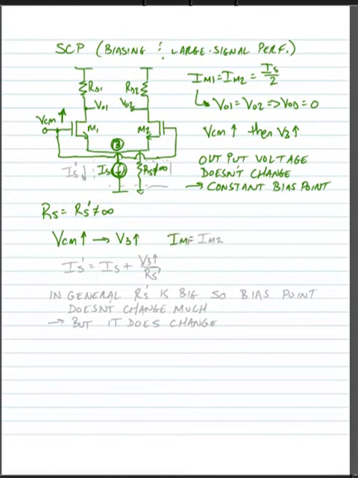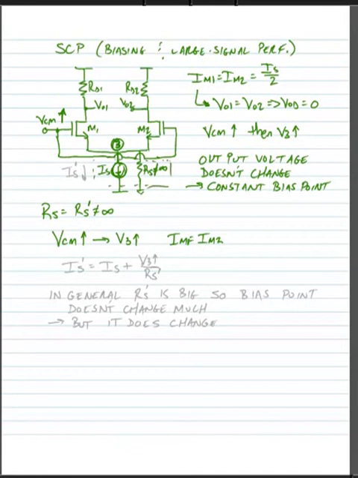Now, IM1 is still equal to IM2. In this case, we're increasing the gate voltage on both transistors. The source voltage will change proportionally, so the current should stay the same. But what we should note is that the total current flowing through this current source now has to include the current that would flow through the resistance.